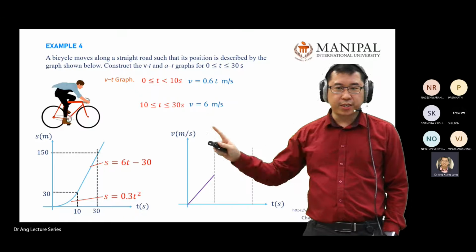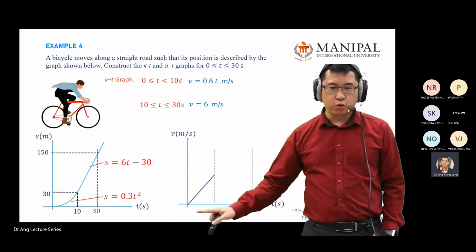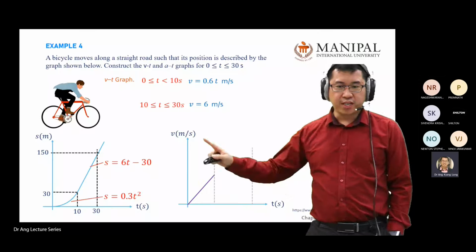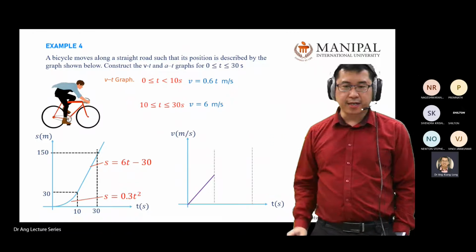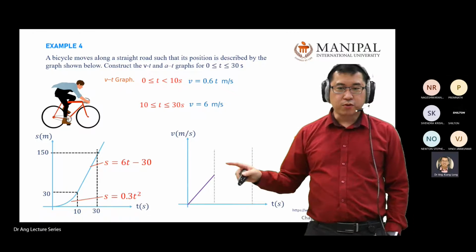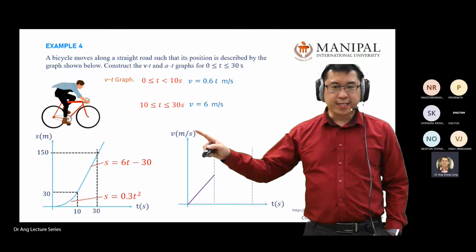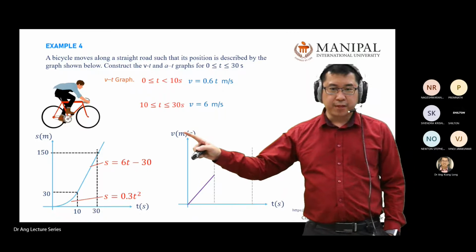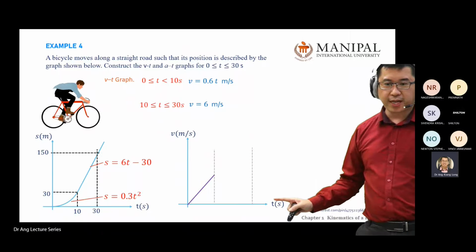Once you get the equation, the first step is that you draw the axis. V versus T, remember the unit, meter per second. T is second. If this kind of question comes out in a test or exam, you may accidentally forget meter per second or the unit, you forget to put in second here.